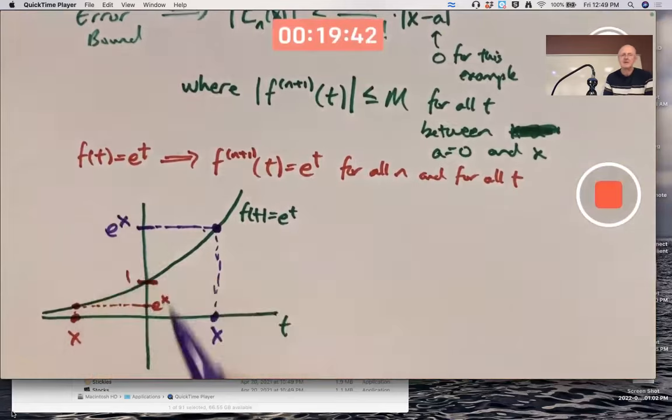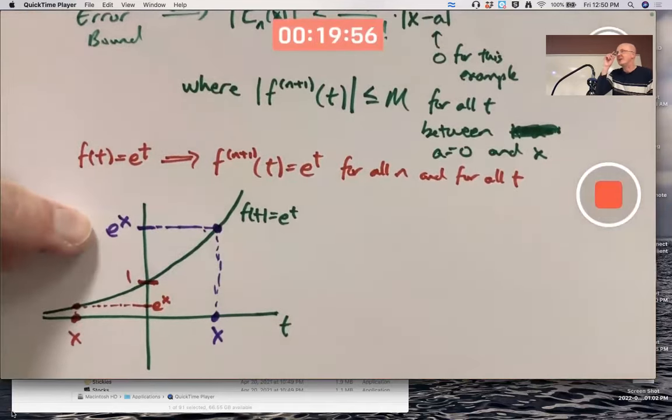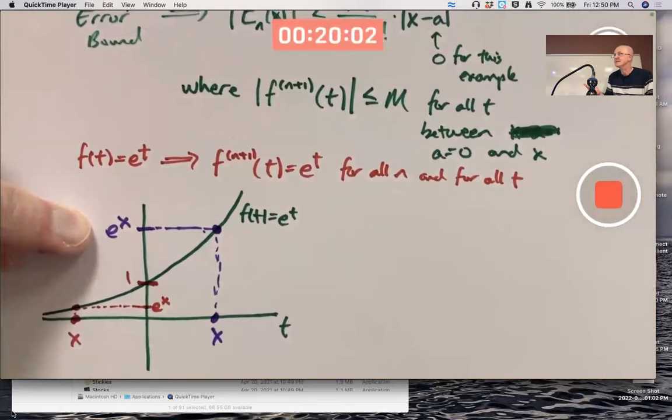It's bigger than 1. I can't use m equals 1. I'd have to use something bigger. But wait a minute, I don't know what x is. How can I choose something bigger? You can use e to the x itself because x is fixed. So e to the x is a constant. You can take m to be e to the x.